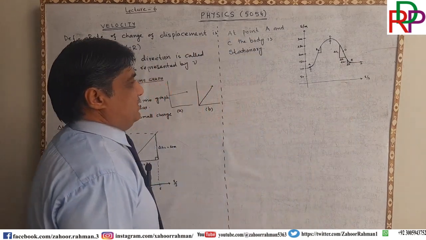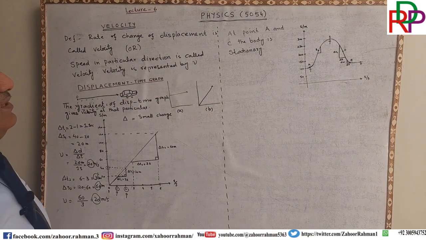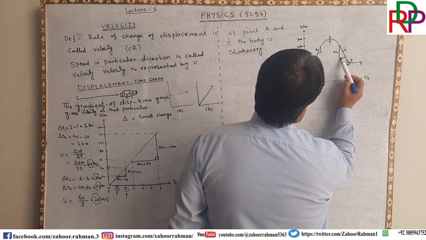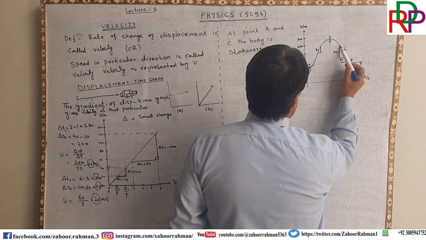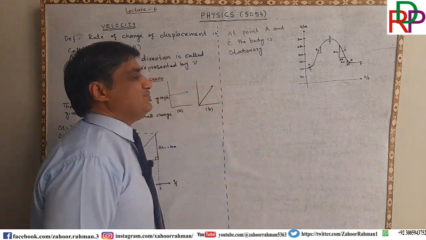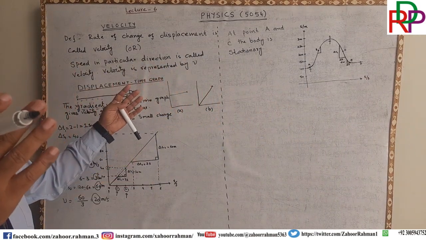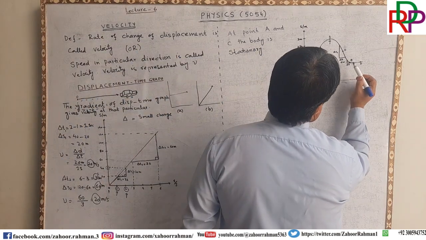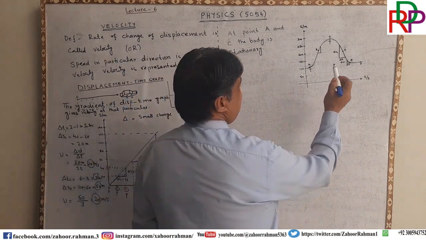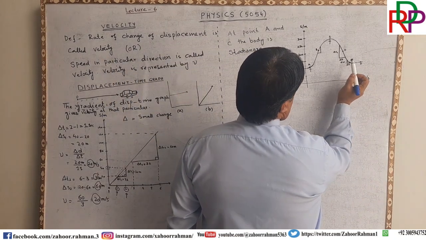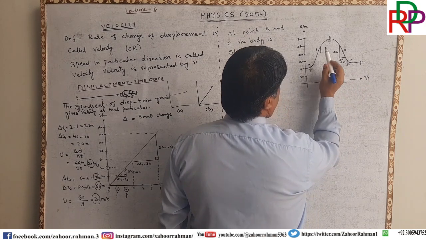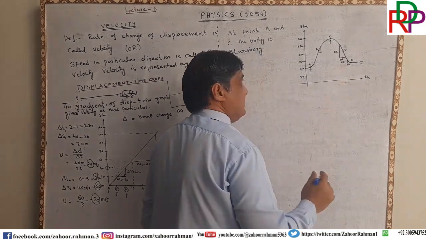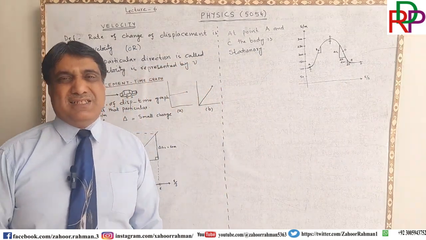Okay, here you have to see that if the triangle is larger, the velocity is high. If the triangle of the gradient line is smaller, the velocity is smaller. Here it is at A, this is greater than this and smaller than this. The velocity is smaller than this.